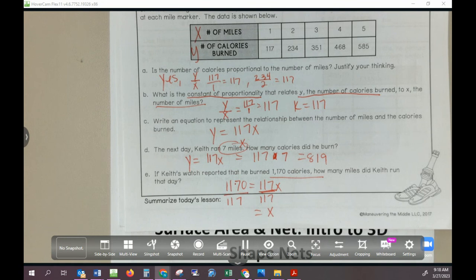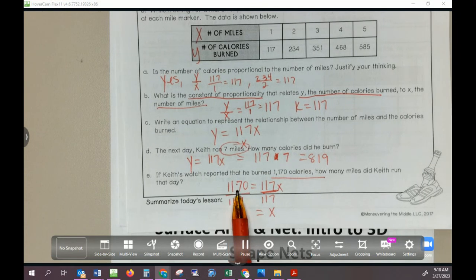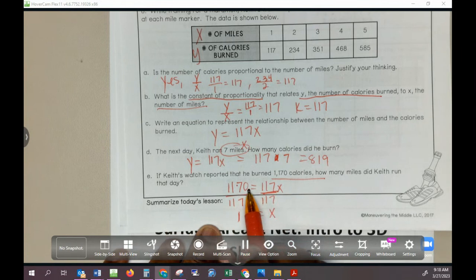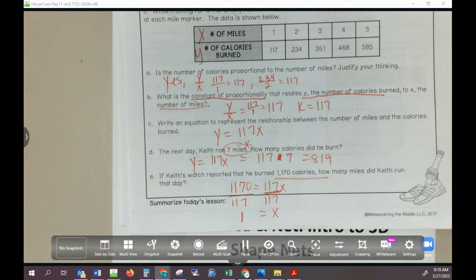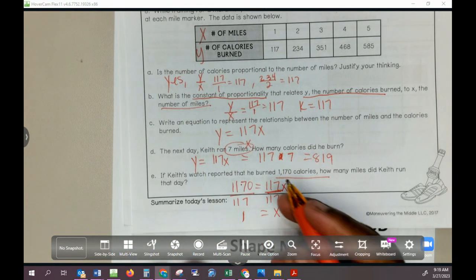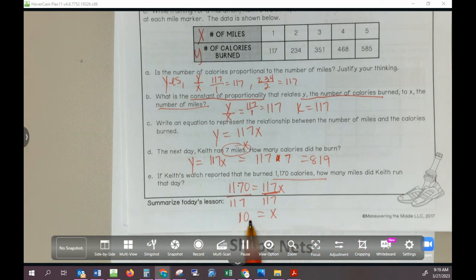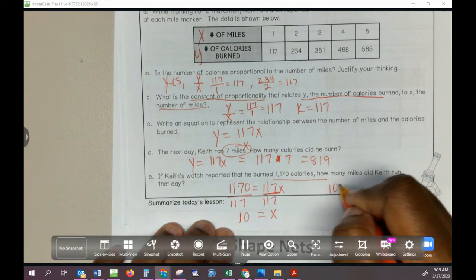If you got it, you're free to move to the next page so that you can get it done before class is over. Jordan, let's look at it. 117 going into 117, how many times? 1. And then 117 going into 0, how many times? 0. So then how many miles did he run? 10 miles.